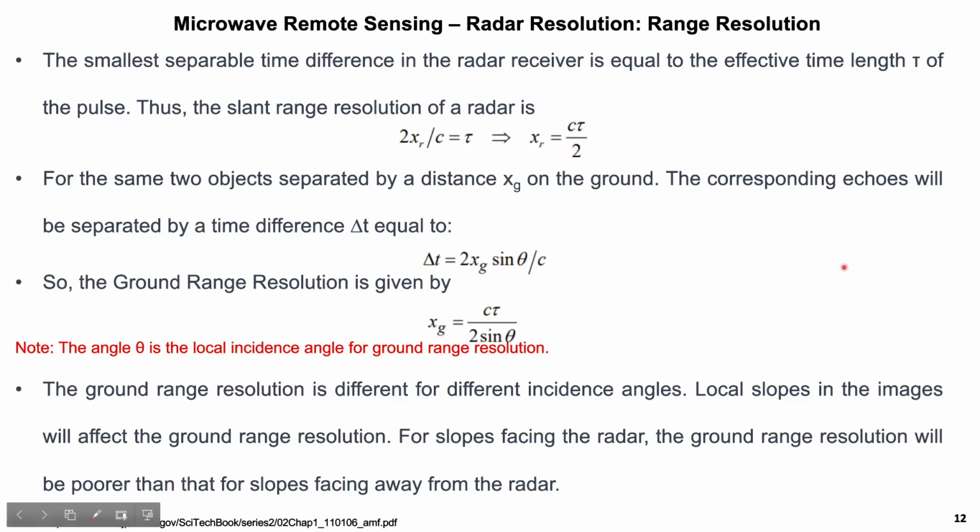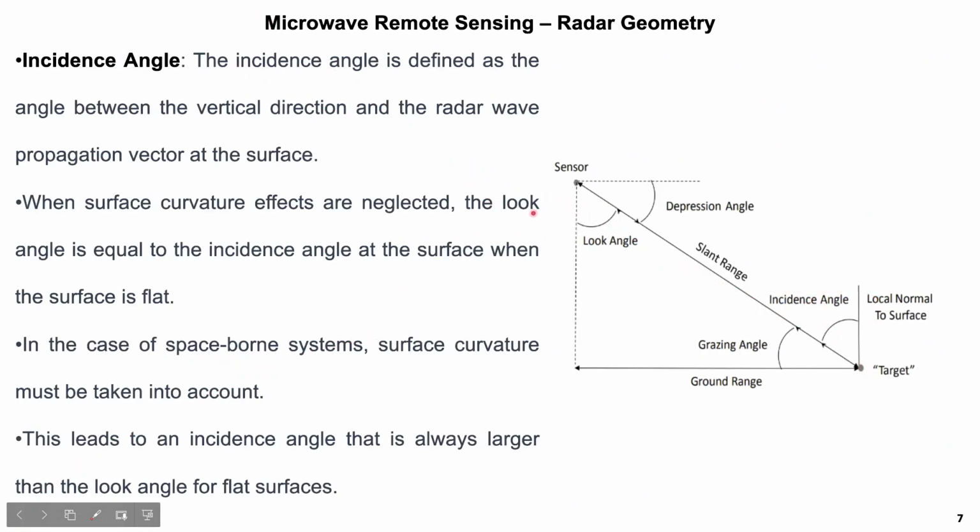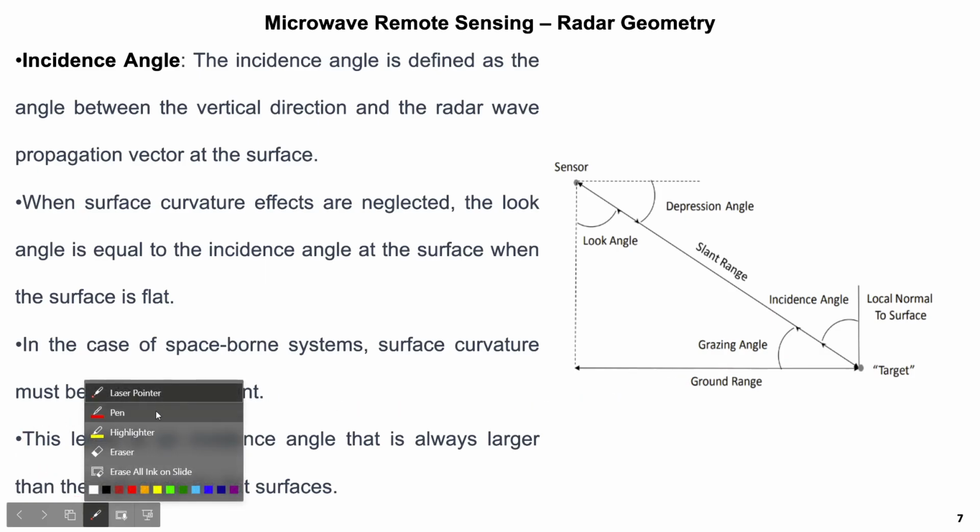Now what we really need is the ground range from another point. How far away is the target? So we are going to resolve this triangle. When you resolve this triangle, you can project. So this will be your theta. When you are projecting to the ground surface, this will be cos of 90 minus theta.